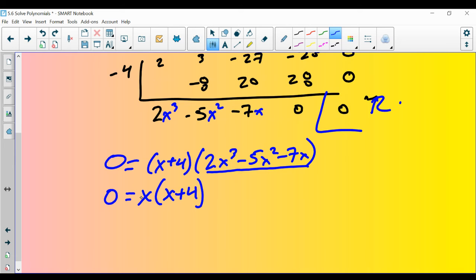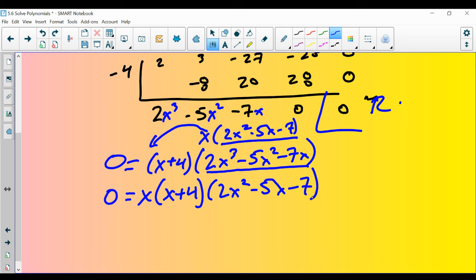So it would be like this, x, because everything has an x in common, we're going to undo the distributive property. And when we undo the distributive property, it would give us this. And then we're going to continue on working with this statement. That x just got written out front. We have 2x squared minus 5x minus 7.